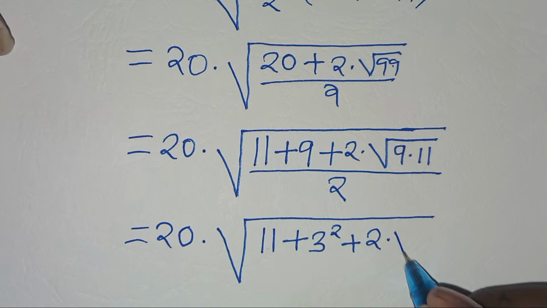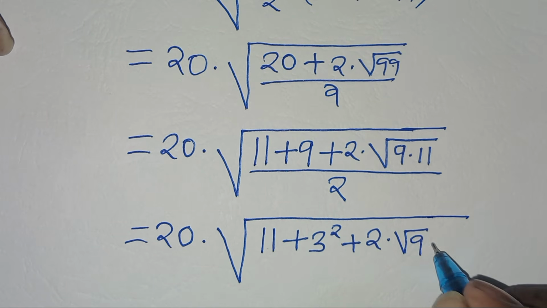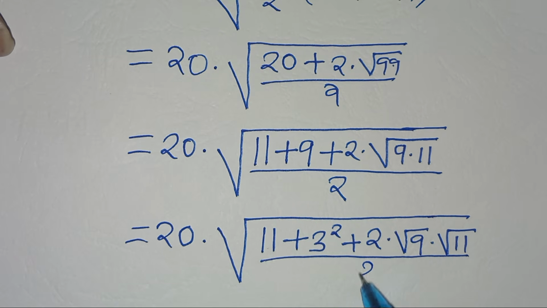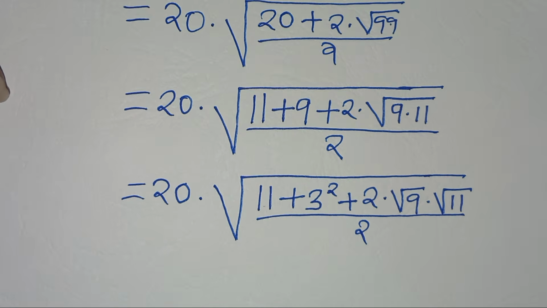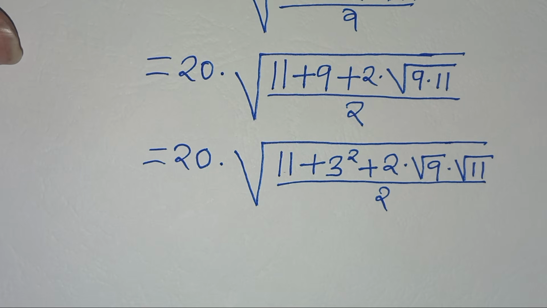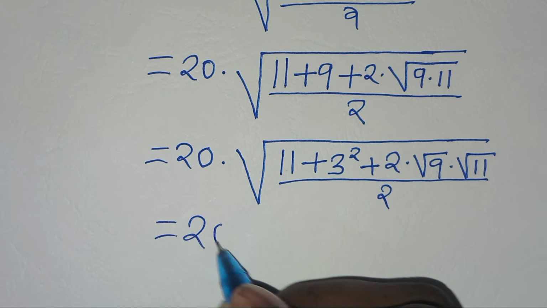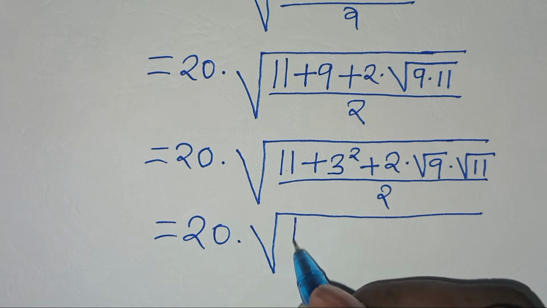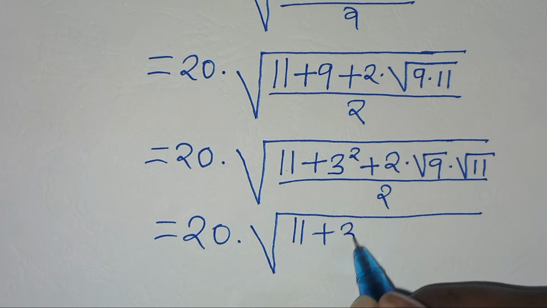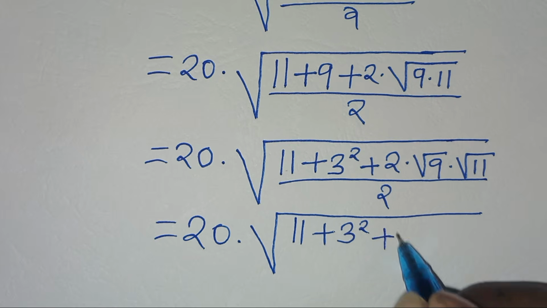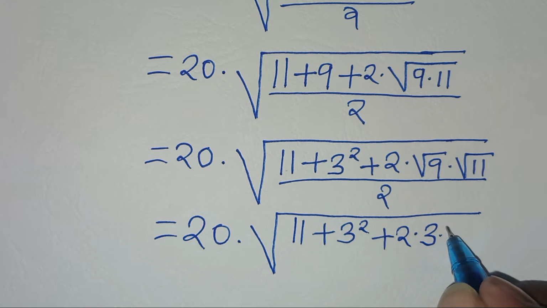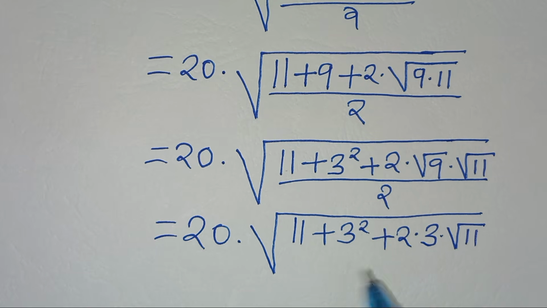We can express this as the square root of 9 multiplying by the square root of 11, divided by 2. So we have 20 times the square root of 11 plus 3 to the power of 2, then plus 2 multiplying by the square root of 9, this is 3, then multiplying by the square root of 11, divided by 2.